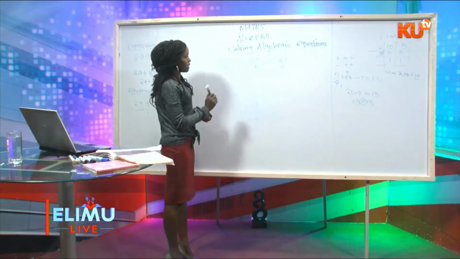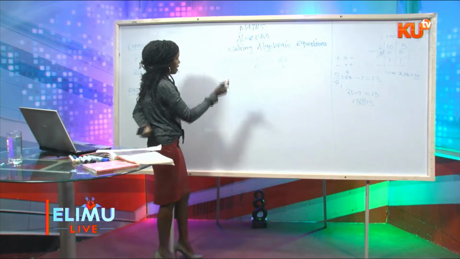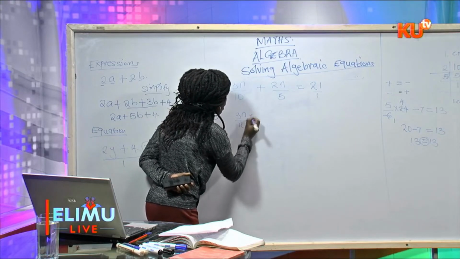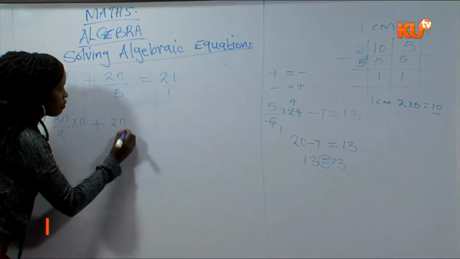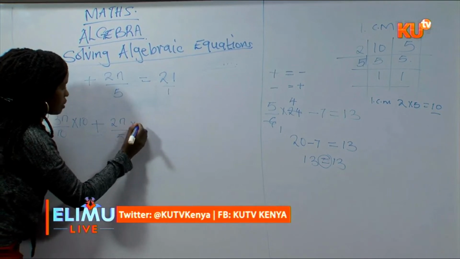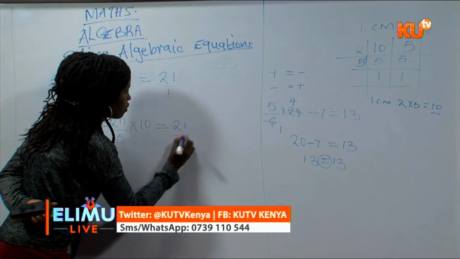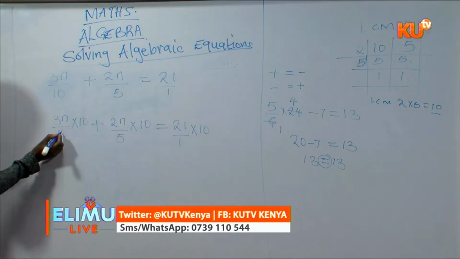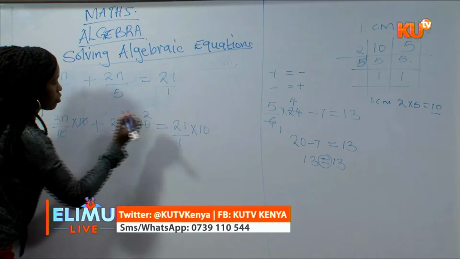When you get the LCM, you multiply each fraction by the LCM. So I get 3n over 10 times the LCM plus 2n over 5 times the LCM is equal to 21 over 1 times 10. From there we simplify. 10 divided by 10 is 1, 10 divided by 5 is 2.